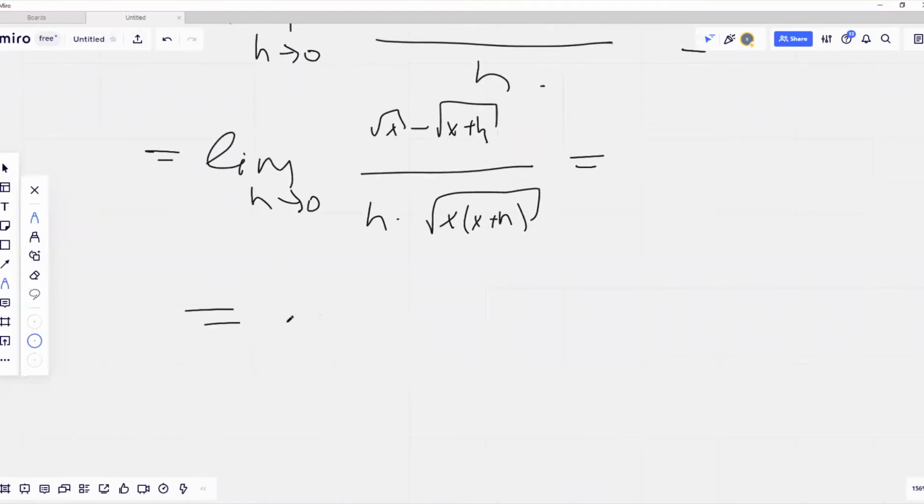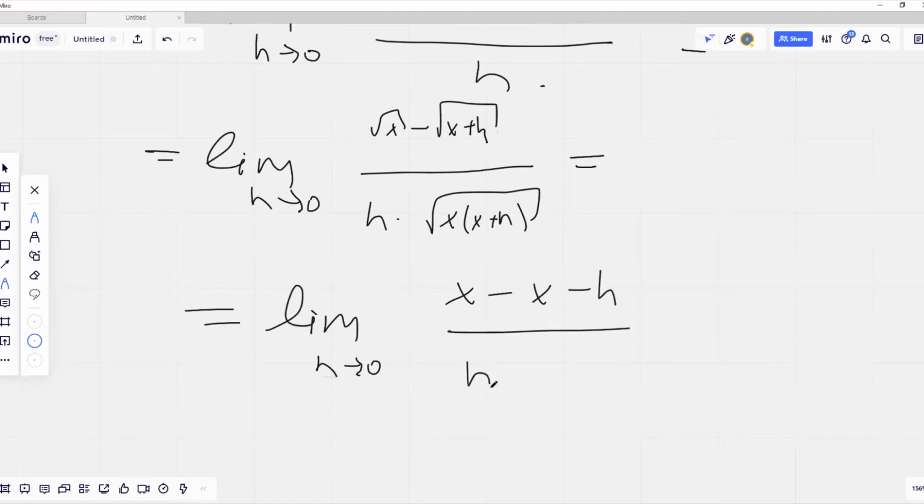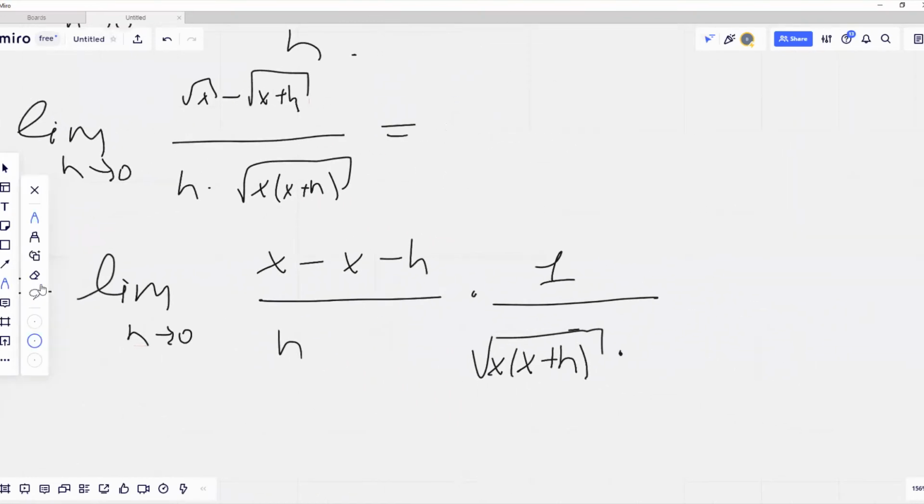So we'll have the limit when h is approaching 0 of x minus x plus h, so minus x minus h, divided by h, multiplied by 1 over root of x times root of x plus h, multiplied by the conjugate of the numerator, root of x plus root of x plus h.